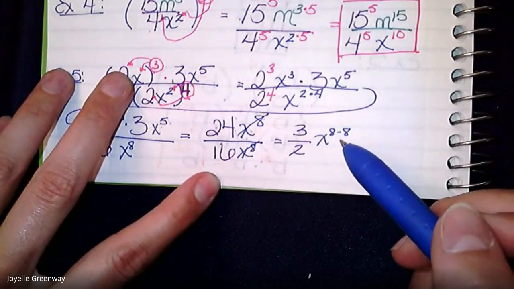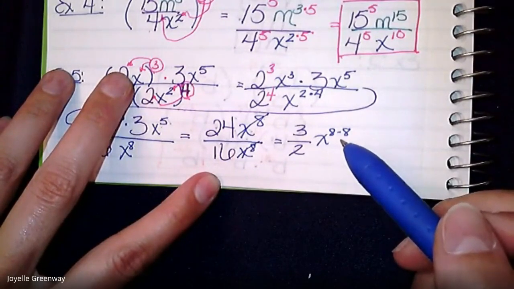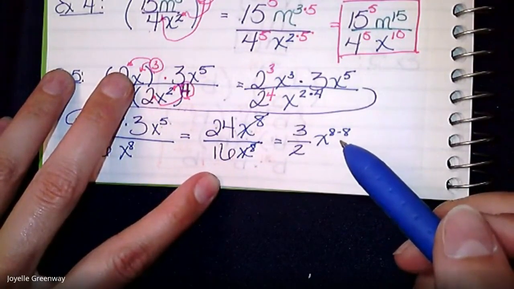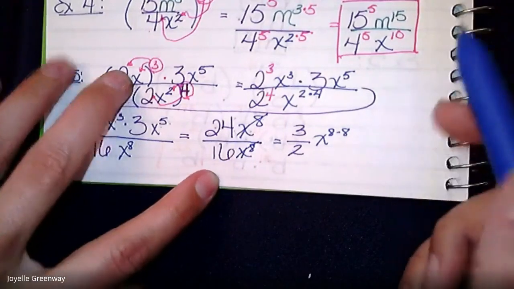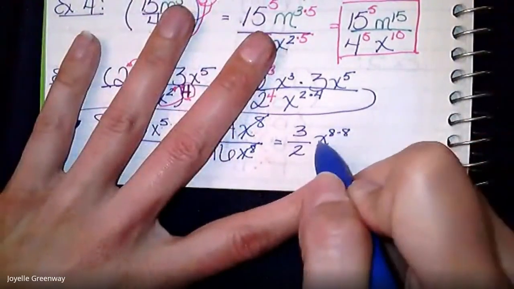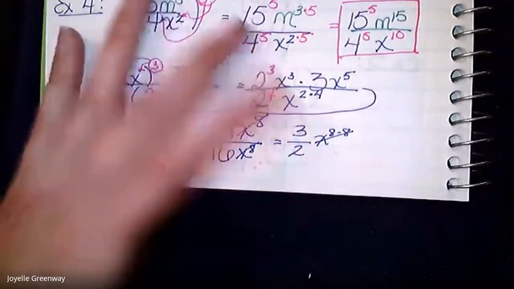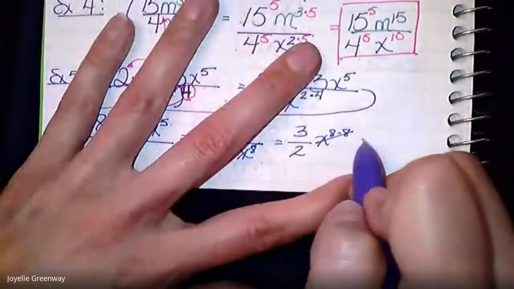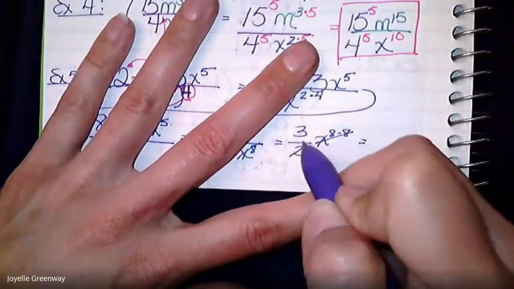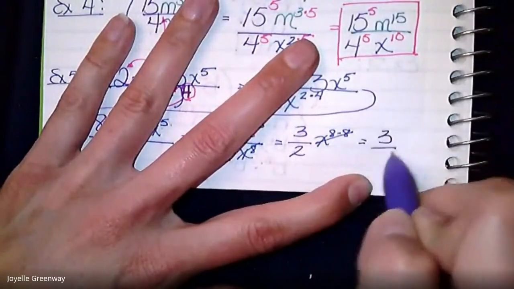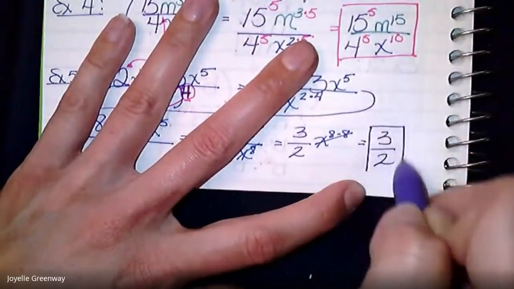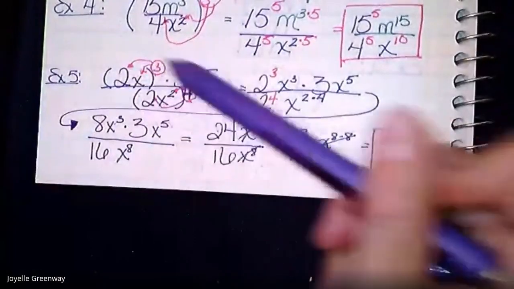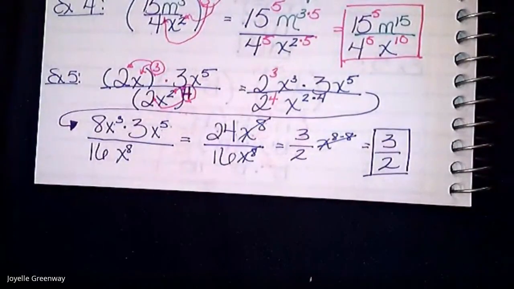Just like 8 divided by 8 is 1, 10 divided by 10 is 1. It's not 0, and it's not x. So x to the 8 minus 8 is x to the 0, which we're going to get to next week, is just 1. So that's like 3 halves times 1. So your answer, all of that simplifies to 3 halves.